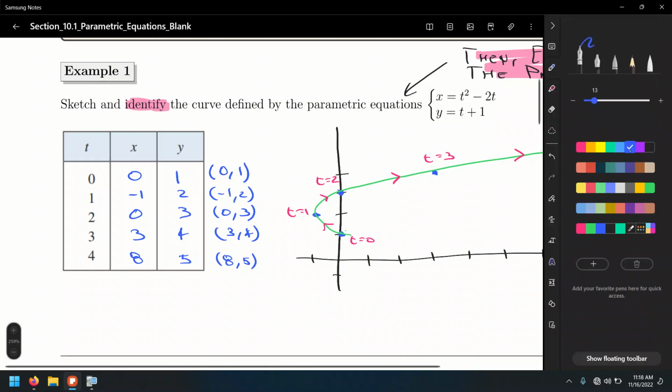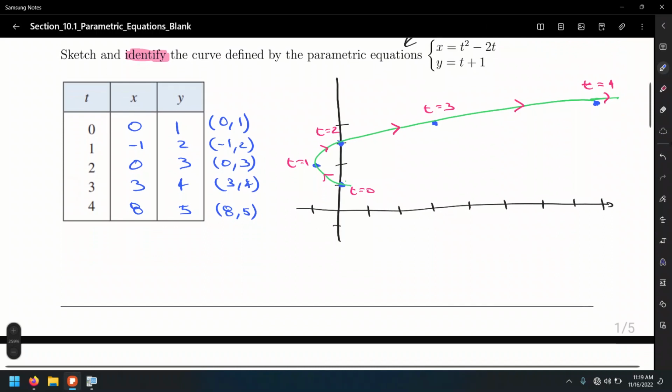So this is what we do. If y equals t plus 1, that means t equals y minus 1. Now let me go back to the first equation, x equals t squared minus 2t, for which we're going to substitute the variable t.